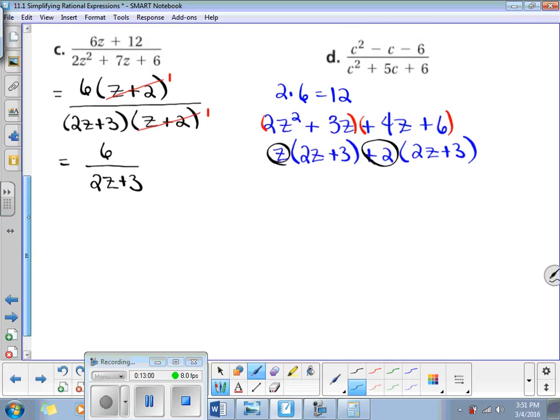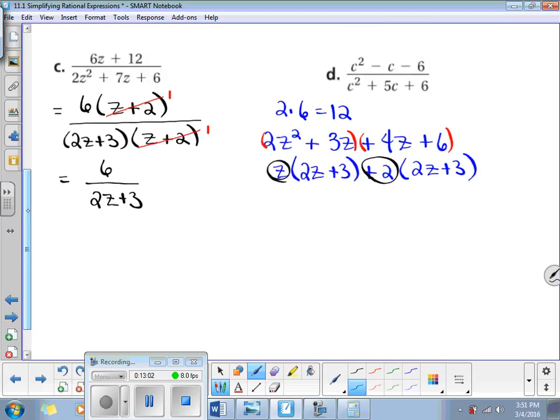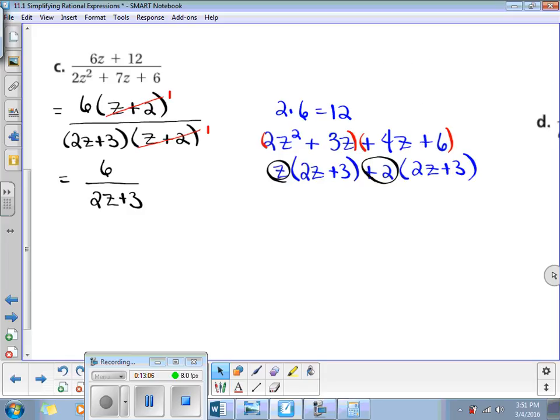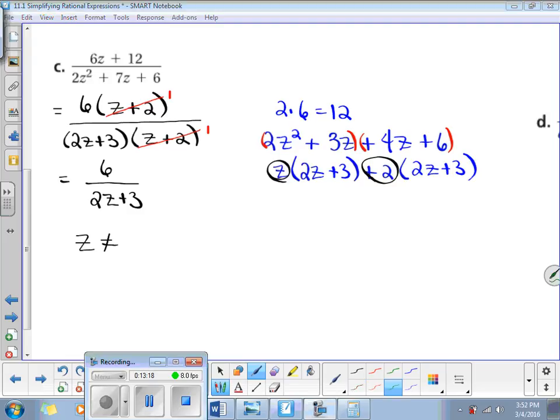Now, what will our excluded values be? Z cannot be equal to, remember, to find your excluded values, you're going to set the denominator equal to 0.